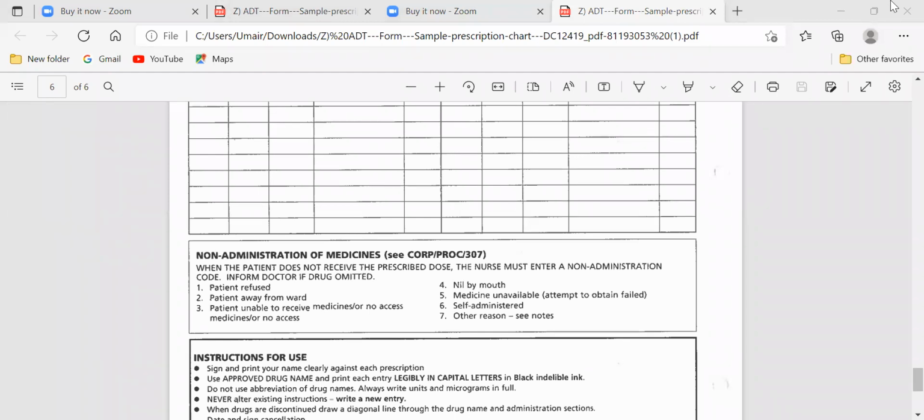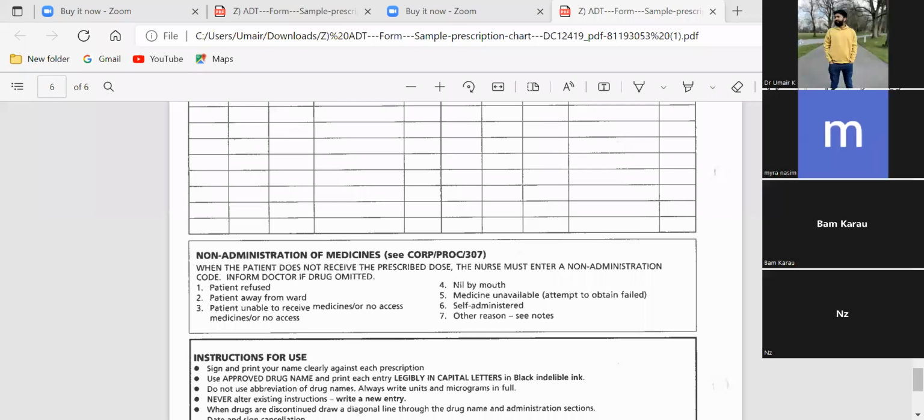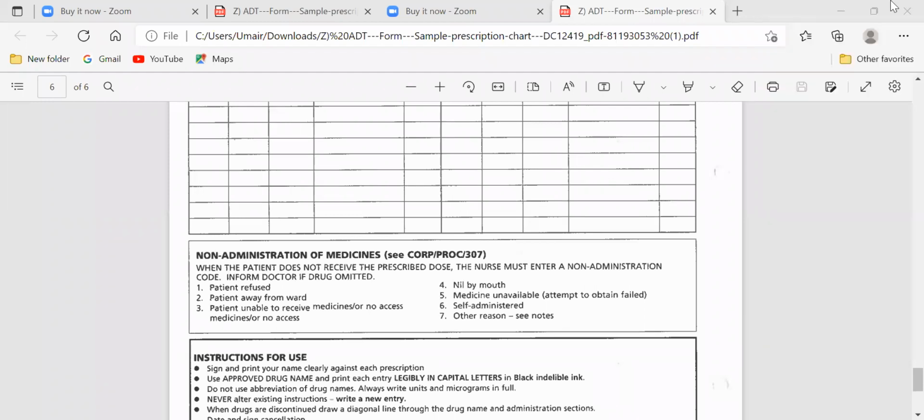The other information is the patient is allergic to penicillin. Patient is taking other routine medication: tiotropium, seritide, salbutamol, atorvastatin. So these are the other information. Patient had history of fall at home.